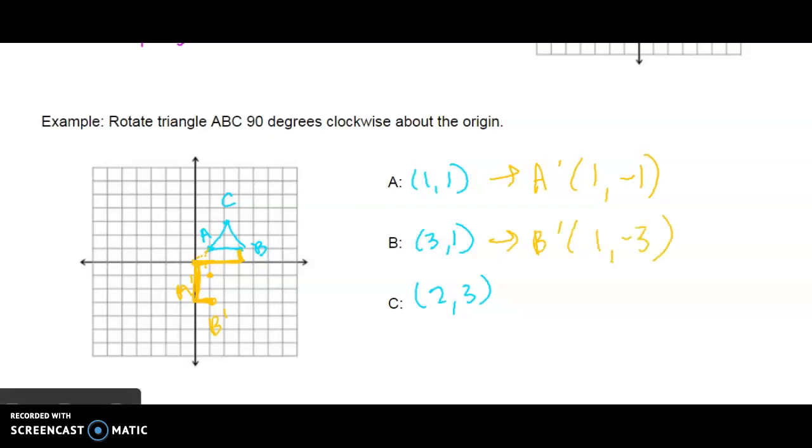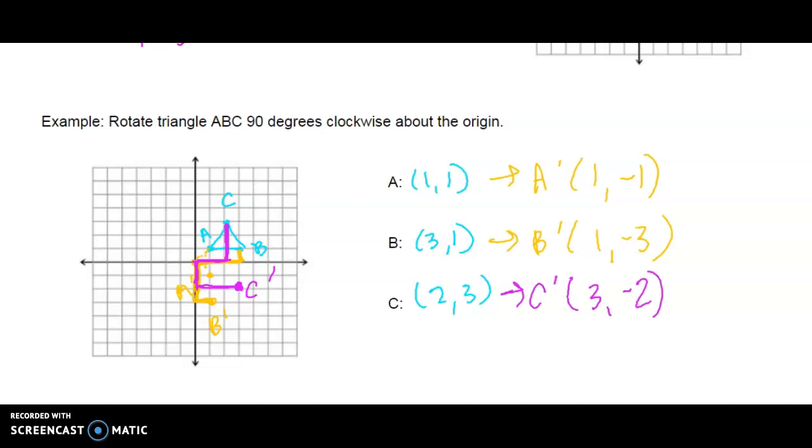And then C, let's put C in purple. To get to C, I go over 2, up 3. When I take that little purple L and rotate it clockwise, now I'm going to go down 2, over 3. Okay? So C prime would be there at (3, -2).